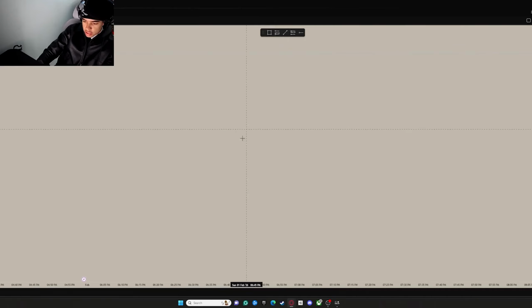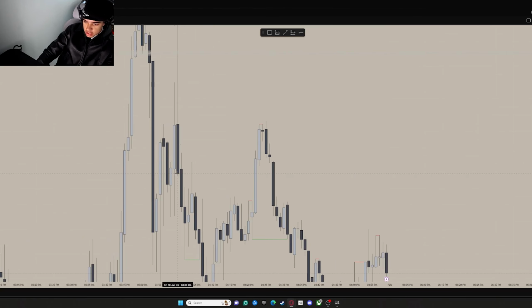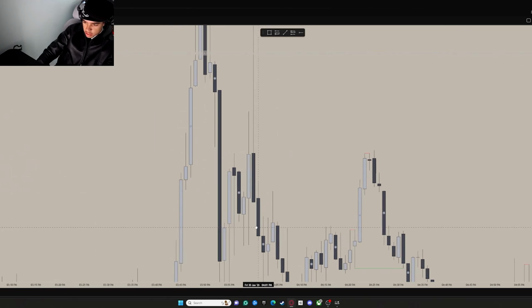So whenever you see here, let's look at this again, right? Market went all the way up here, this candle right here. Market closed down here, opened right here, went all the way down, and then went all the way up, and then went a little bit down, closed right here, and then started a new candle.